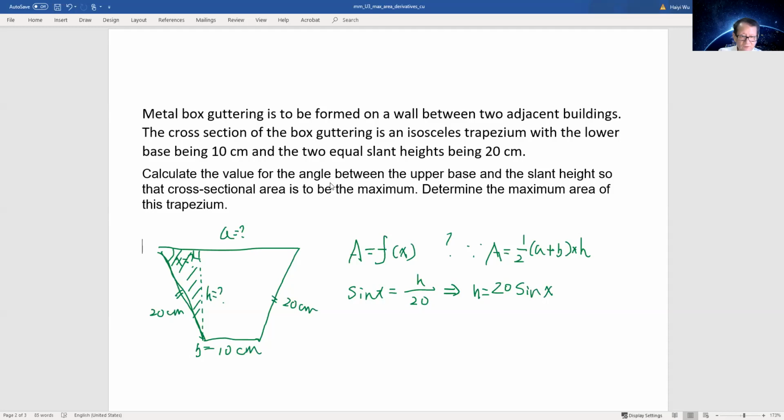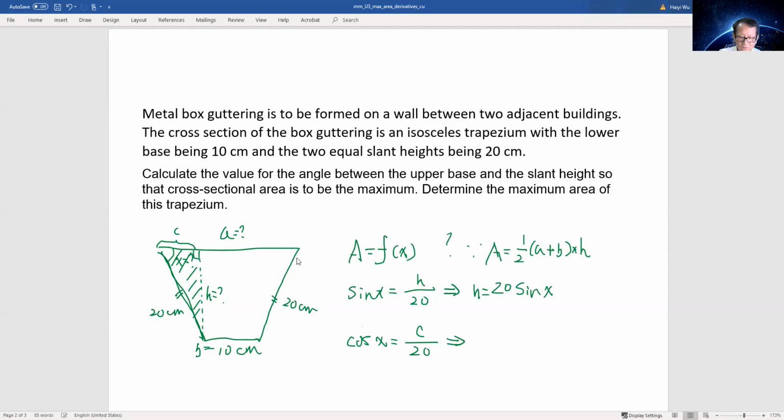Now we're going to find out what A is. If I use this section, we might call it C. C also uses trigonometry ratio. I'm going to use cosine. In this triangle, cos x is adjacent C over hypotenuse, which is 20.